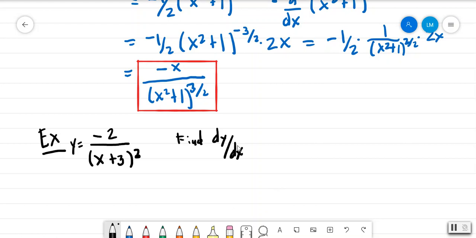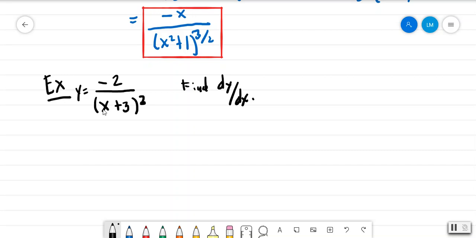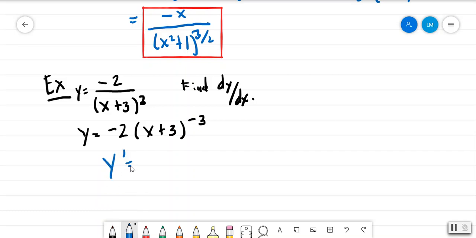You just need to rewrite the equation so that it's in the format you feel most comfortable with, like negative 2 times x plus 3 to the negative third power. In this case, this is easy with respect to the chain rule, where I have y prime equals, and we treat this as having the outside.